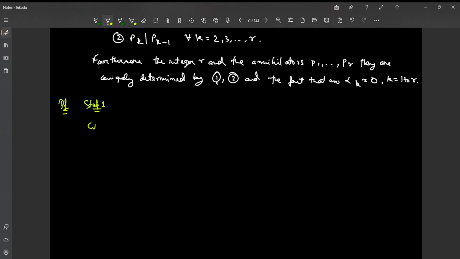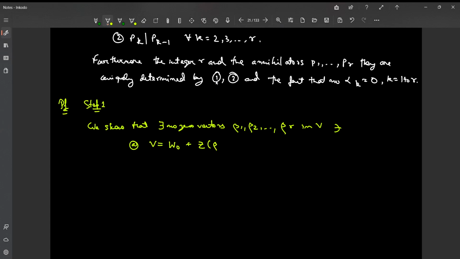That is, number A, V is decomposed as W naught, a proper T admissible subspace of V, plus the T cyclic subspace generated by beta 1, plus the T cyclic subspace generated by beta 2, and so on till the T cyclic subspace generated by beta r.